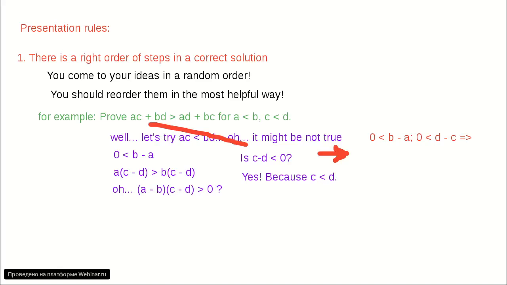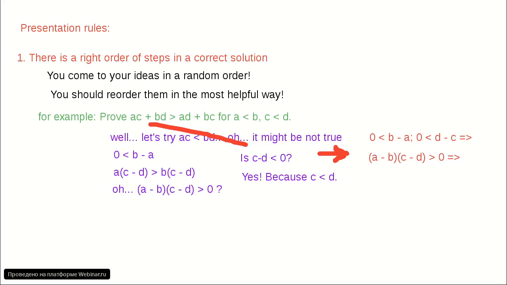And after this, we deduce that AC plus BD minus AC minus BD is greater than 0.